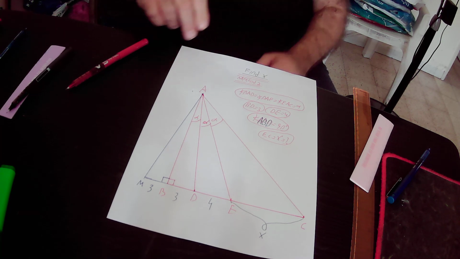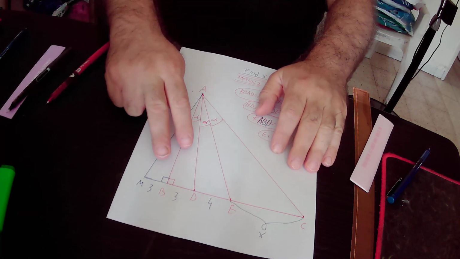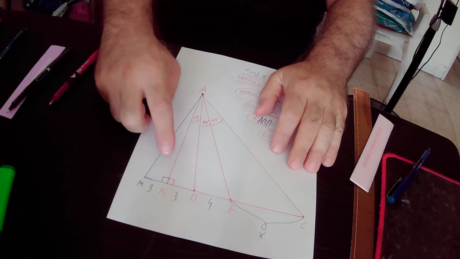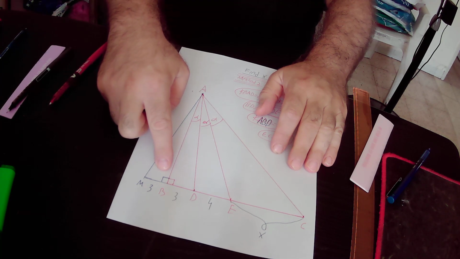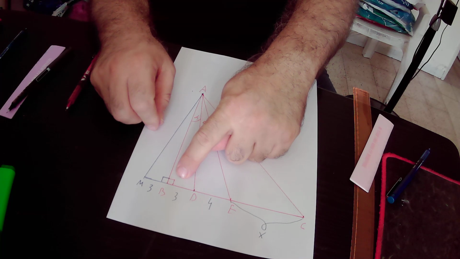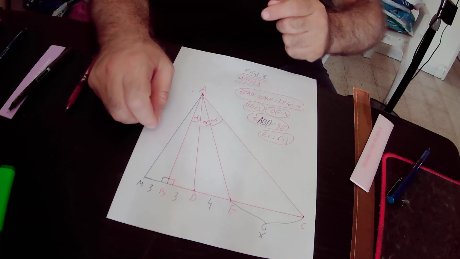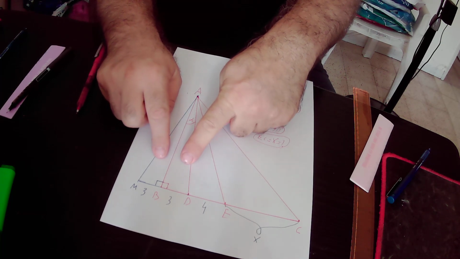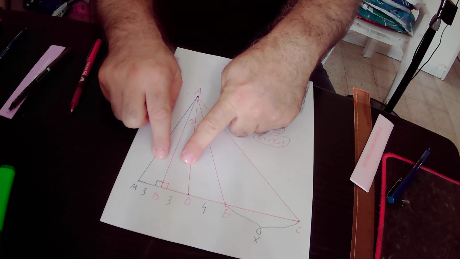So we proved that those two sides and the angle between them are equal to those in the other triangle. Therefore, those two triangles are congruent.